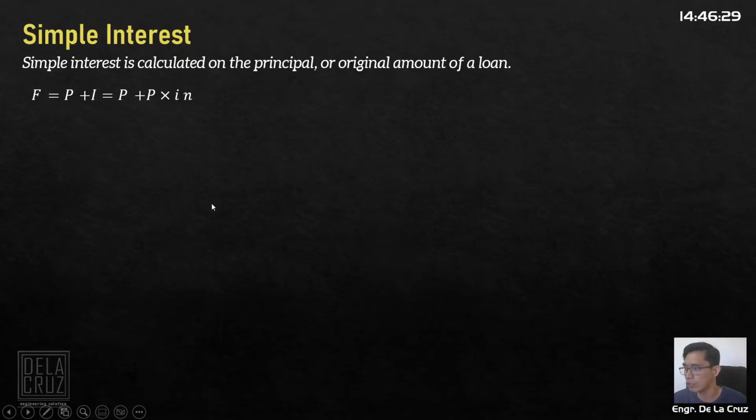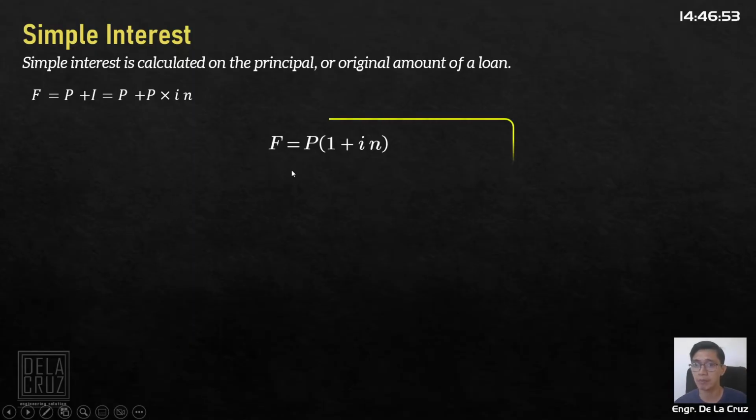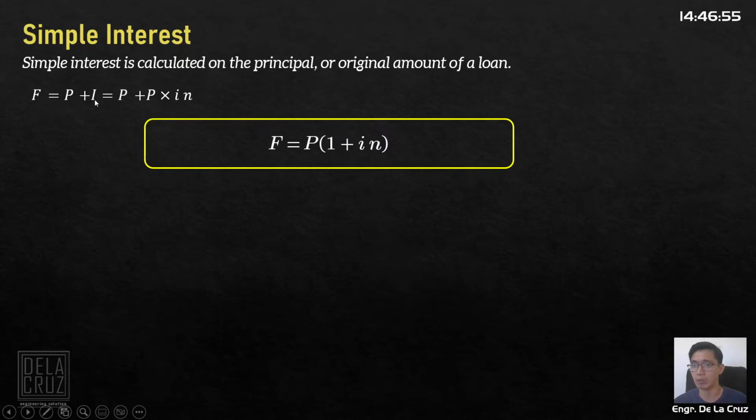Ito yung ginamit kong mga notations dito. Iba-iba sa mga libro, ha. Binago ko lang siya. I is the interest rate for simple interest and N is the number of years. So we can factor out the value P so that the future amount of the money given simple interest rate is P quantity 1 plus I times N. Kung yung pinapahanap sa problem is only the interest, simply PIN kung simple interest.